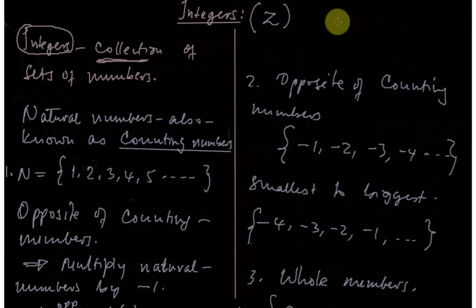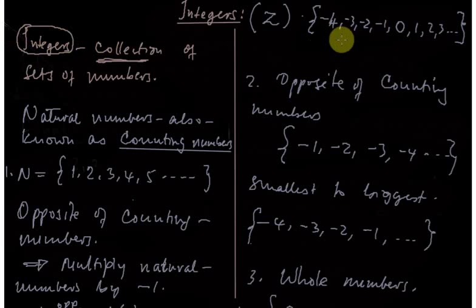So integers have negative numbers like -4, -3, -2, -1. Now, because we're increasing by one, we have 0 there. We have now 1, 2, 3, etc. So all these are what we call integers.